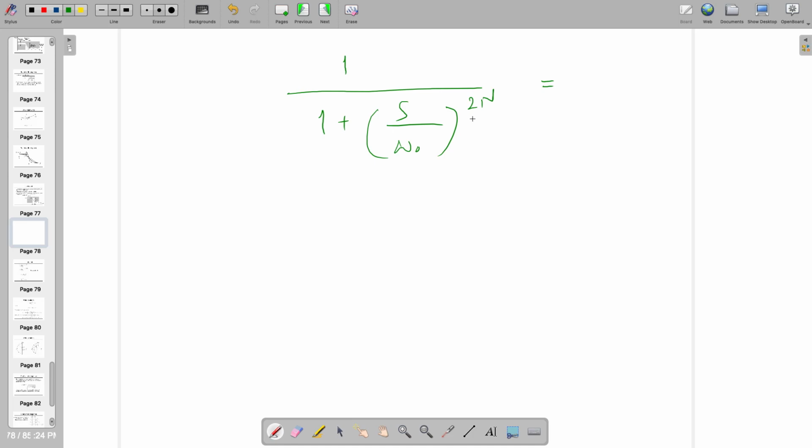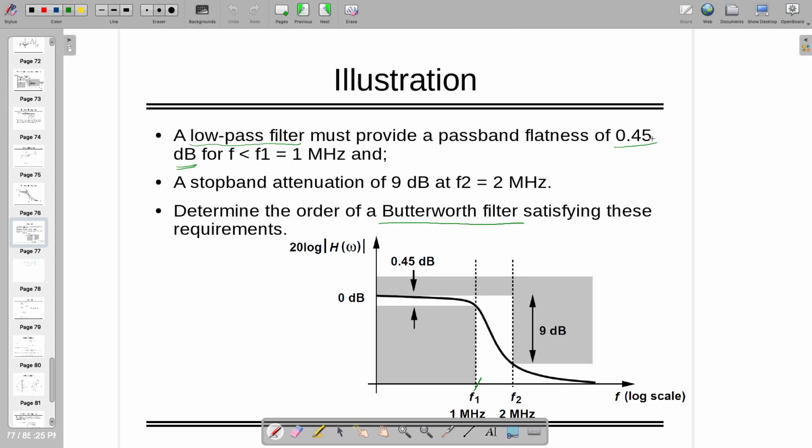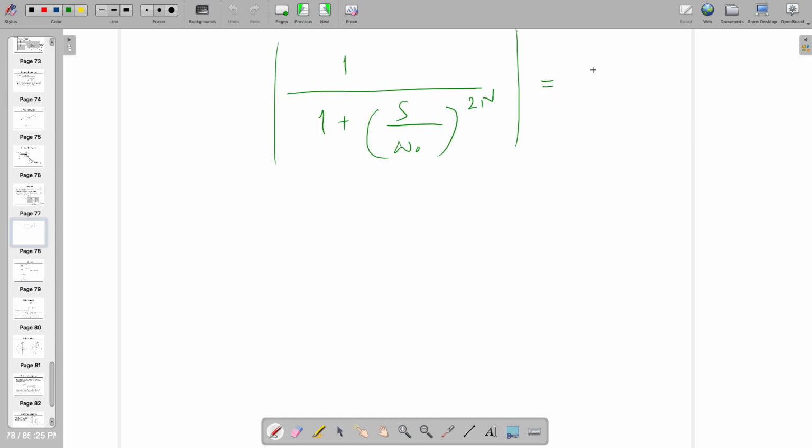So the magnitude of this one at passband is already given to you, right? That is actually 0.45 dB, right? So can you convert this 0.45 dB to normal scale?